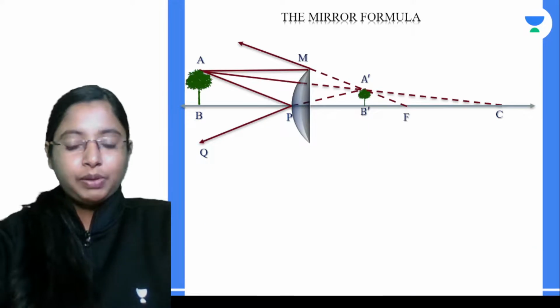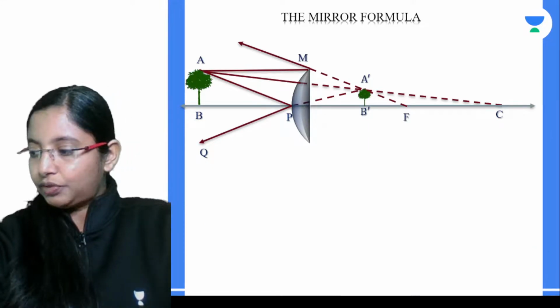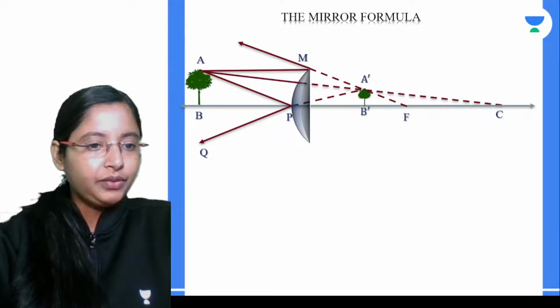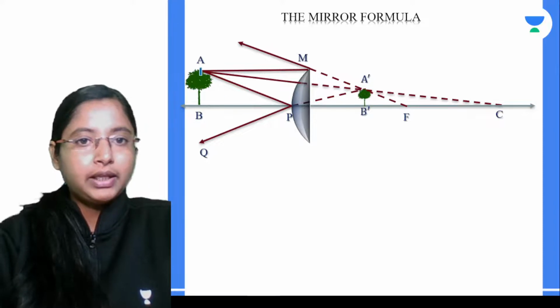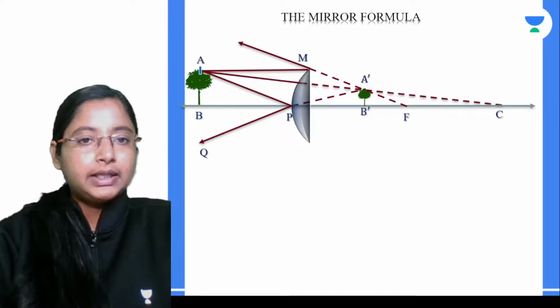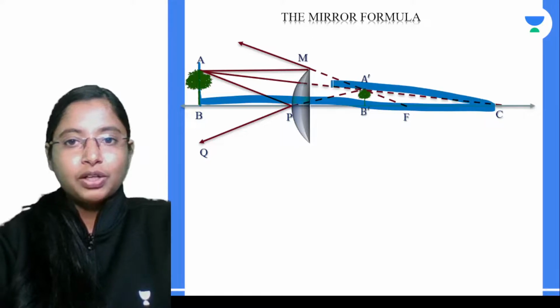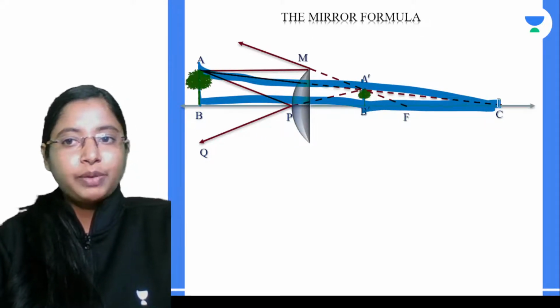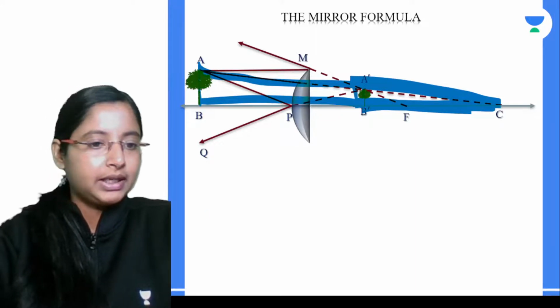Very simple. Now we are going to make use of trigonometry. We are going to take two triangles: AB, the object, with respect to the center of curvature as one triangle, and the image A dash B dash with respect to the center of curvature as another triangle.